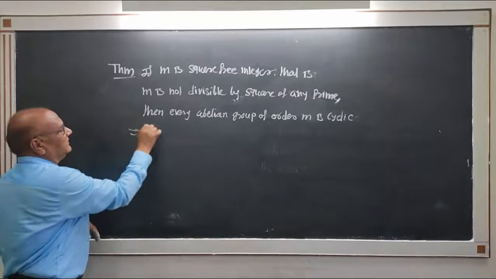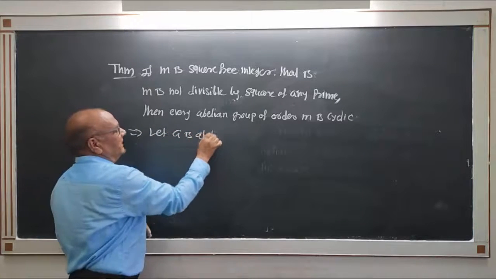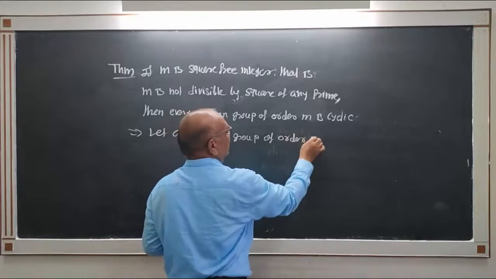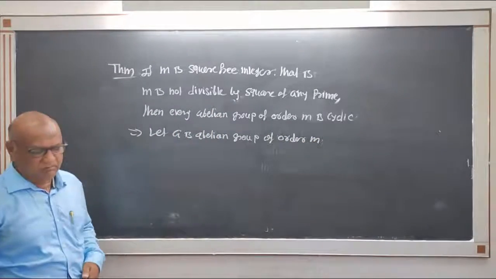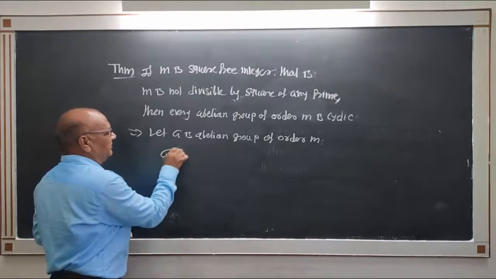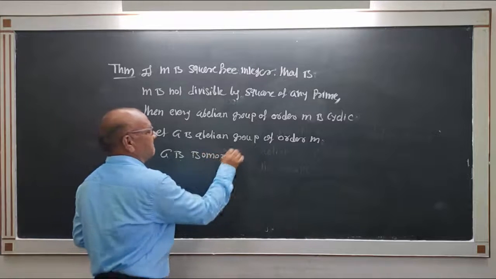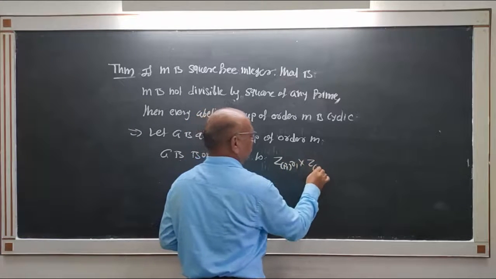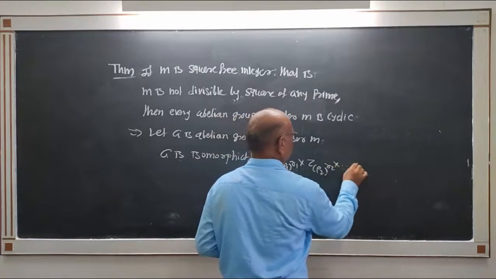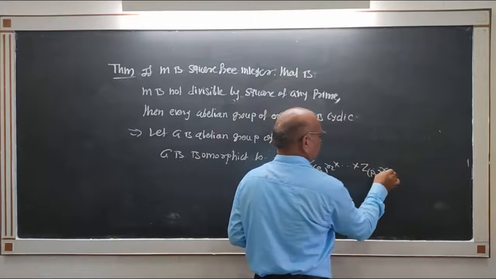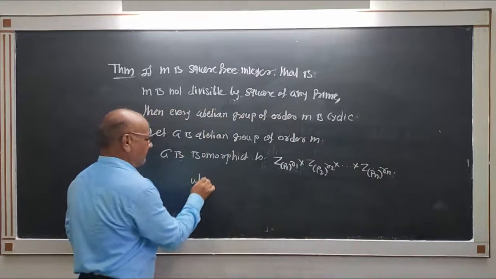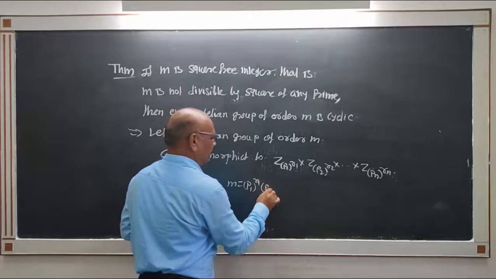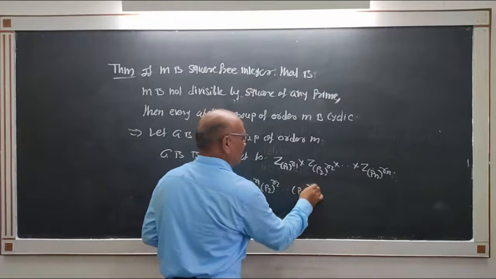Here G is an abelian group of order m. Now, by the above theorem, G is isomorphic to Z_{p1^r1} cross Z_{p2^r2} and so on, Z_{pn^rn}, where m is equal to p1^r1 p2^r2 ... pn^rn.